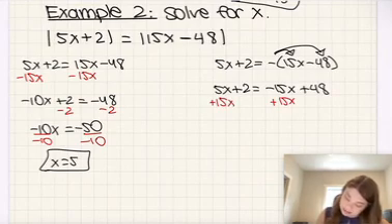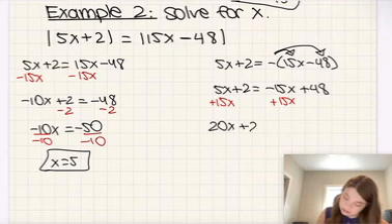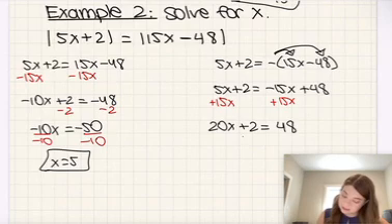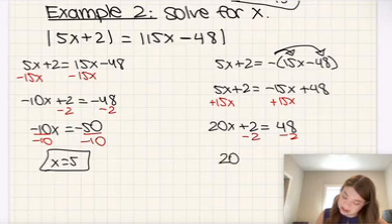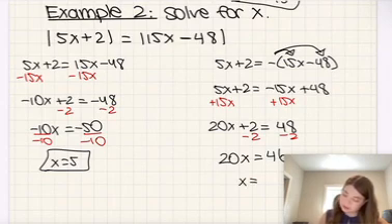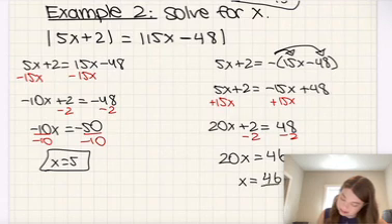And we're going to get 20x plus 2 is equal to 48. Then we'll subtract 2 from both sides to give us 20x is equal to 46. And then we're going to divide both sides by 20 to get x equals 46 over 20.